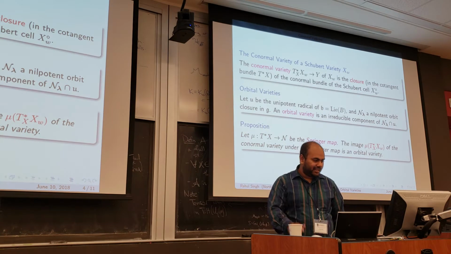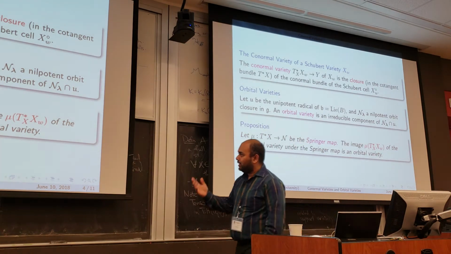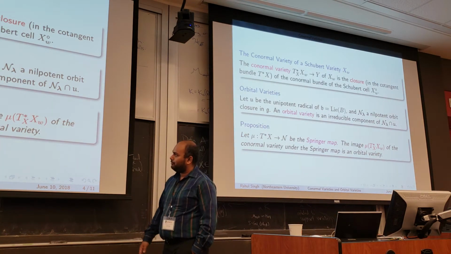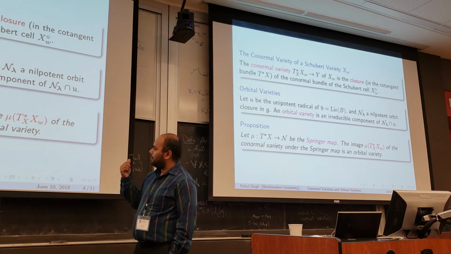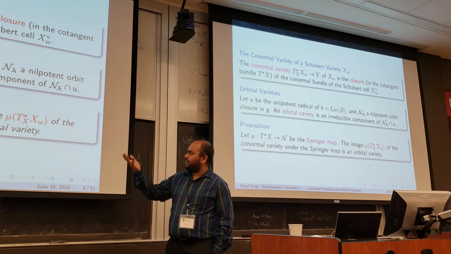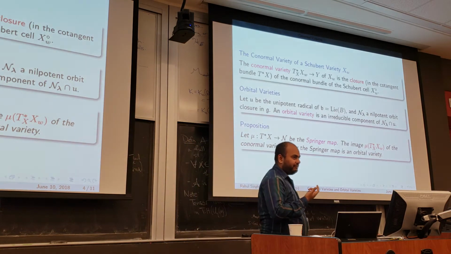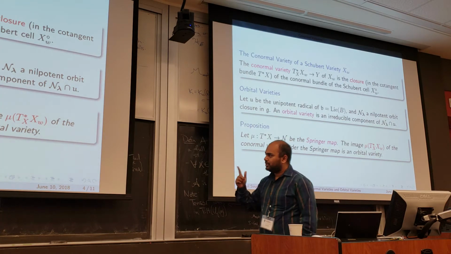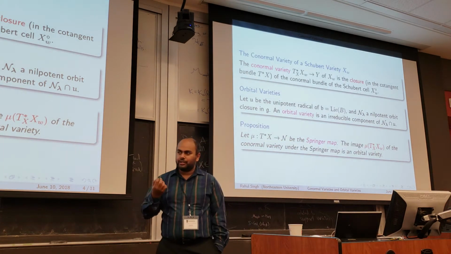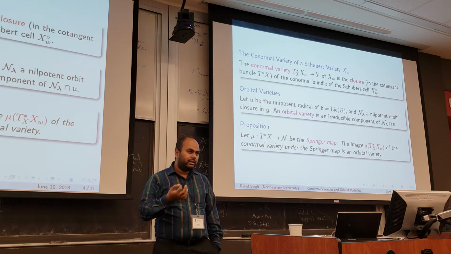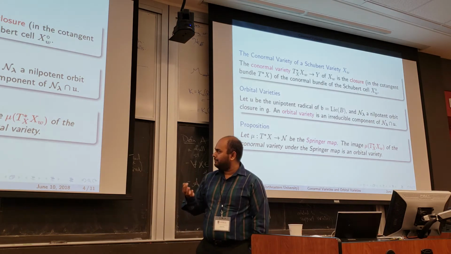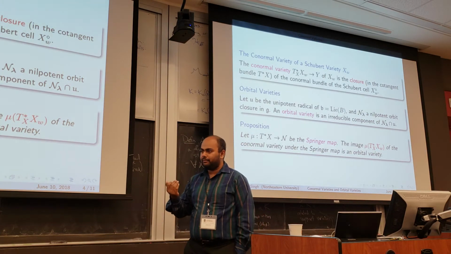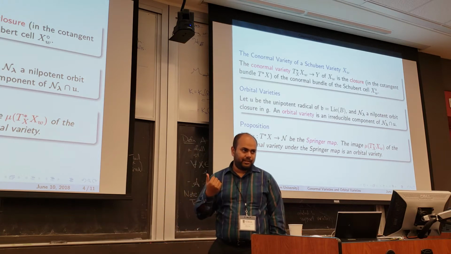But I'll skip that, and I'll say that the working proposition, the one that's really important for me, is that under the Springer map, the image of any conormal variety is an orbital variety. And this goes the other way too. You start with an orbital variety, and you'll always be able to find a conormal variety such that the orbital variety can be recognized as the image under the Springer map.